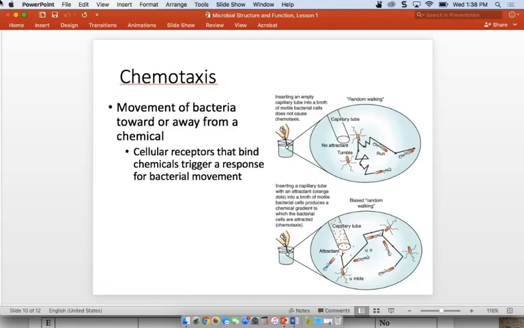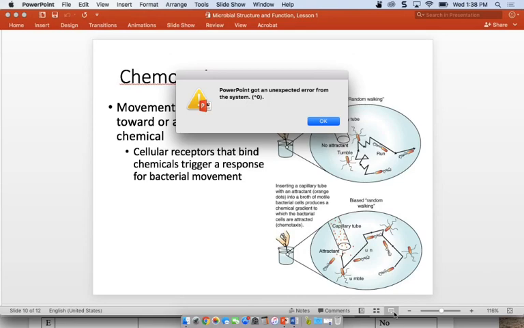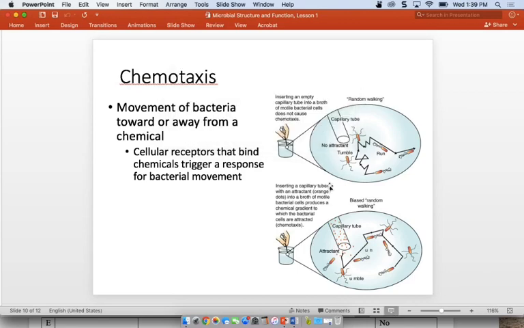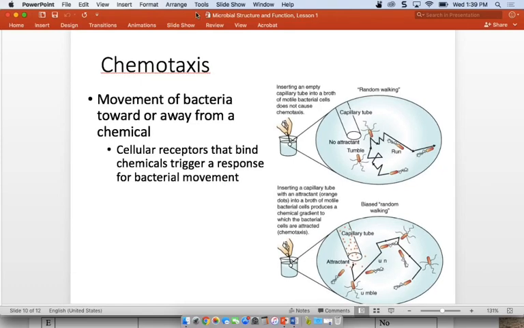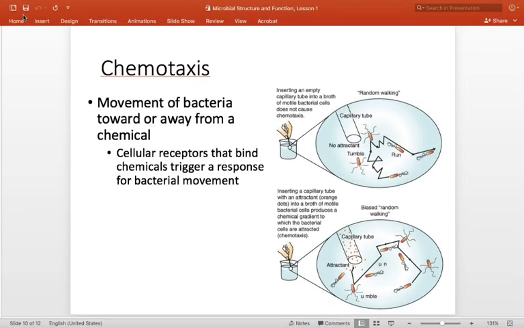Okay, so the movement towards a chemoattractant is going to be based on a couple of features here. If there is something like serine, an amino acid, or glucose, what we'll find is that the microorganism will move towards it in these runs and tumbles.